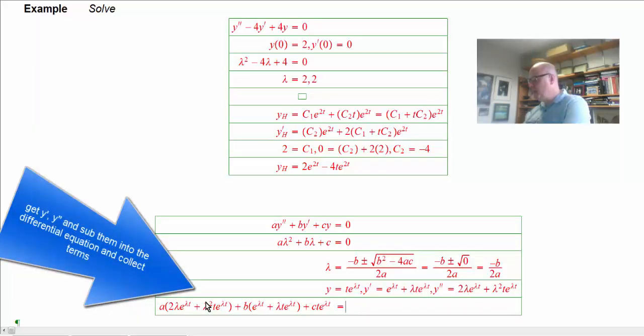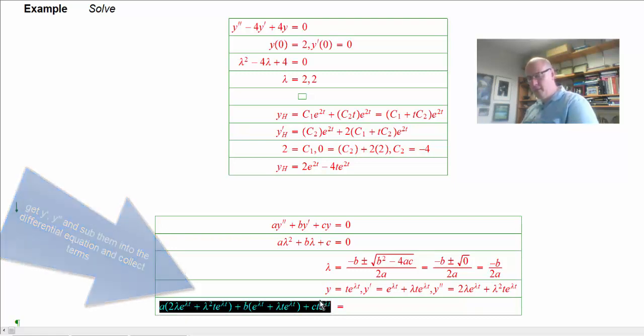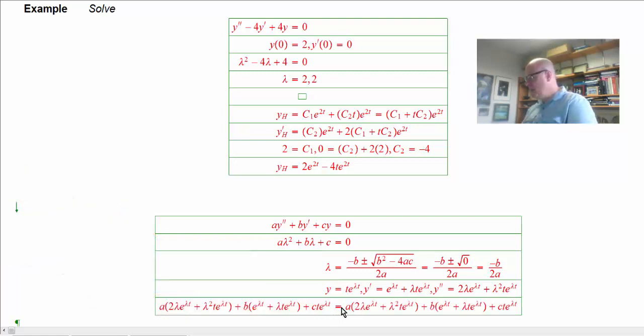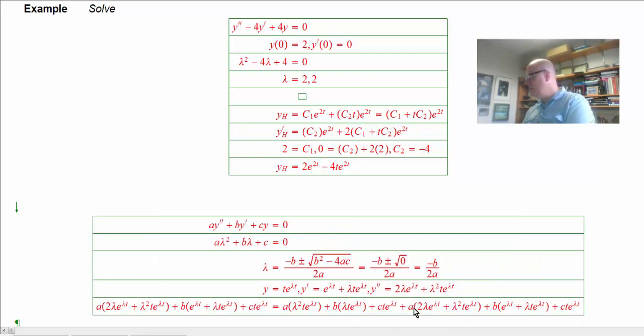Now let's collect the pieces together. There are the pieces that have a t in front of them, so let me collect those together, and here are the pieces that don't have a t.